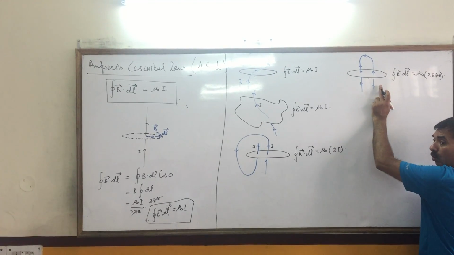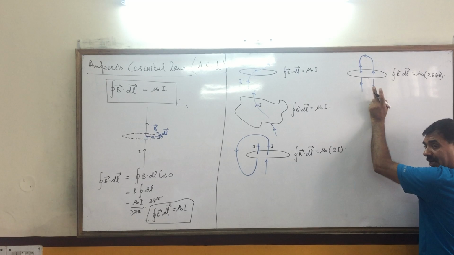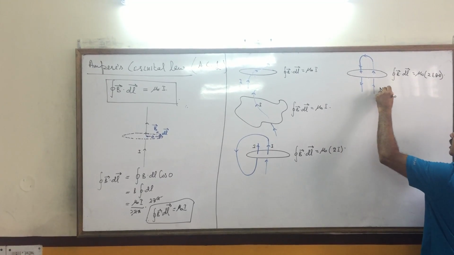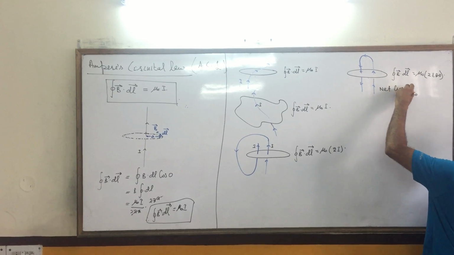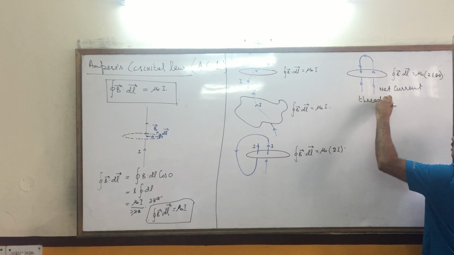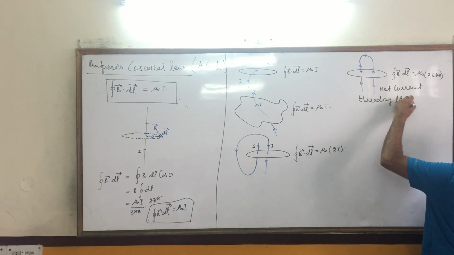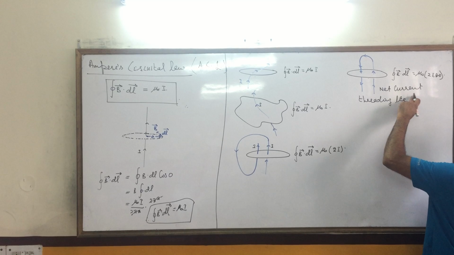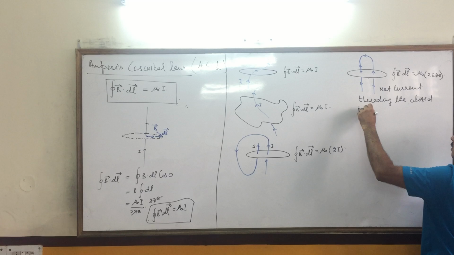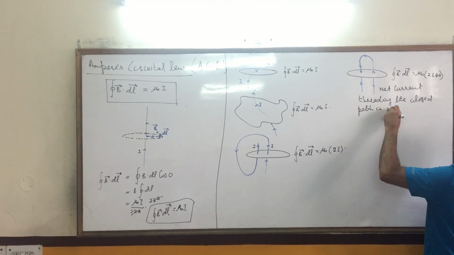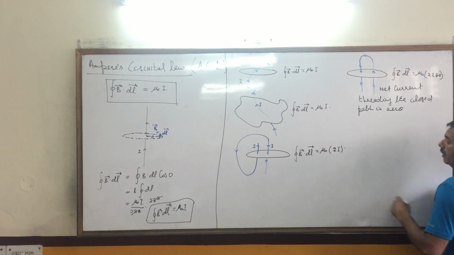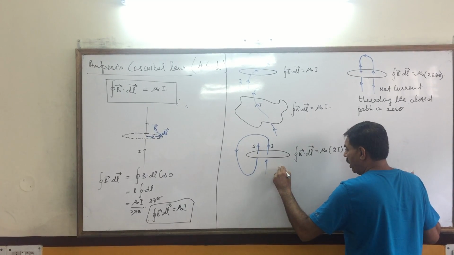Because the current I threads the loop in one sense and I in the opposite sense, net current threading the loop is 0. Net current threading the closed path is 2I.